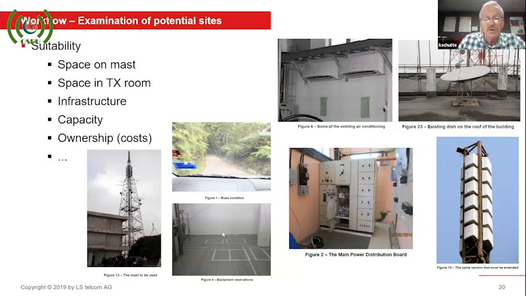You obviously need to look at the space that's available in the transmitter room. You need to look at the infrastructure. You need to involve a civil engineer to look at the wind loading on the mast with the installation of new antennas. You need to look at the cable trays for the feeder cables, and any other capacity limitations.